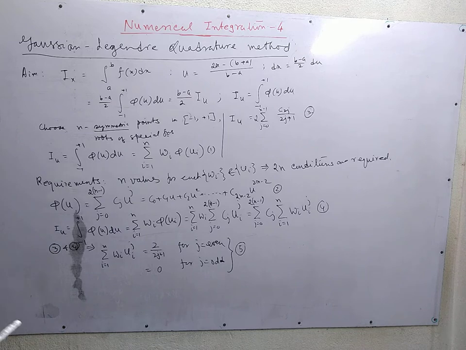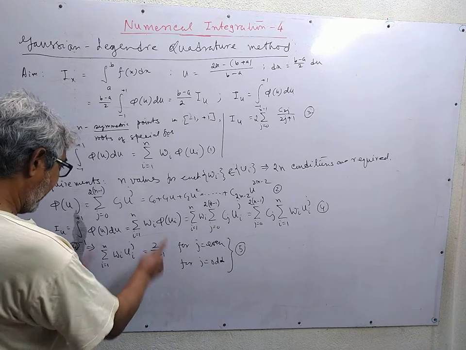Let me write this expression explicitly. So we finally get a methodology for evaluating ui's and corresponding wi's.